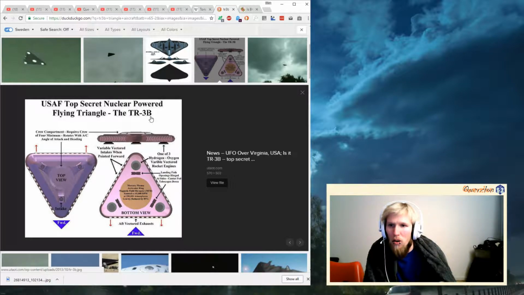The TR3B is something that they built in the 50s as a copy of something that came from the future. So the Roswell crashes, and there's been crashes in Russia too and stuff like that, and Mexico, and kind of everywhere.